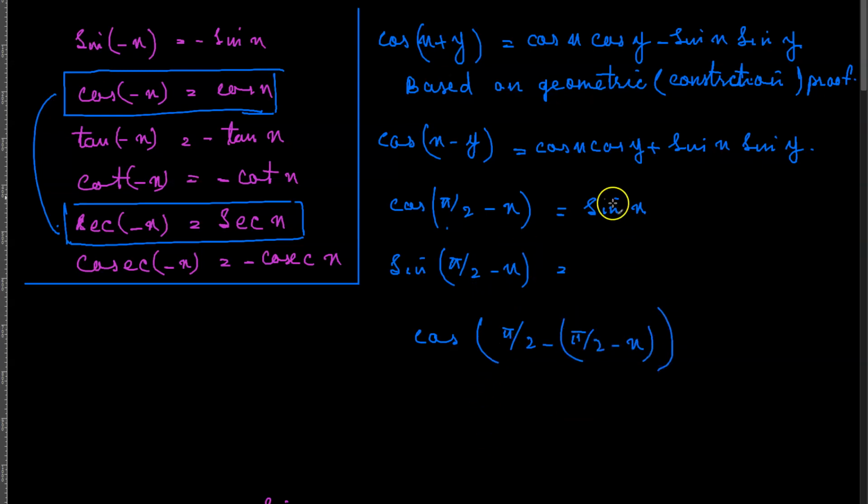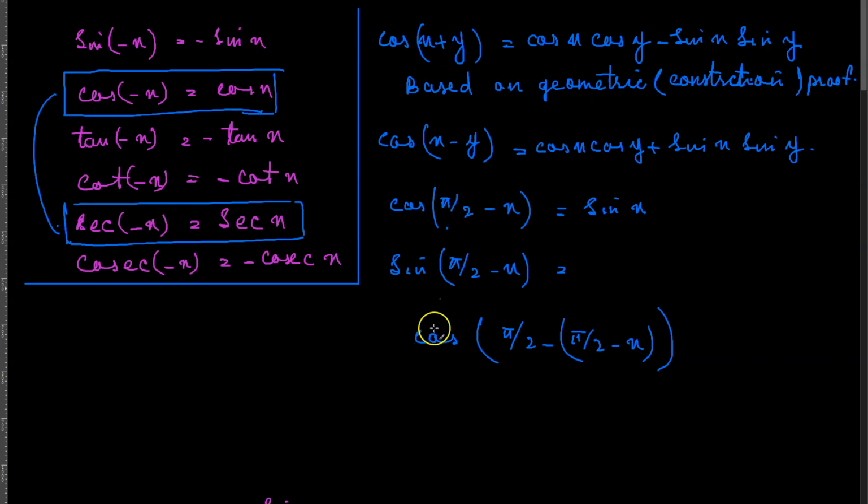right? So what I've done is that I know that sine of x is equal to this cos of pi by 2 minus x. So that means that sine of any angle, if I take that angle as x, is going to be equal to cos of pi by 2 minus x.